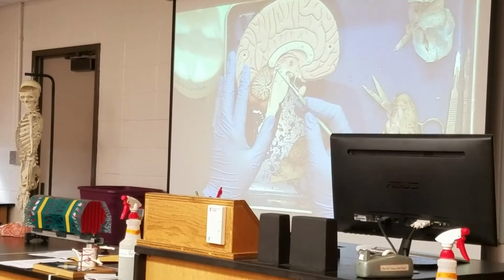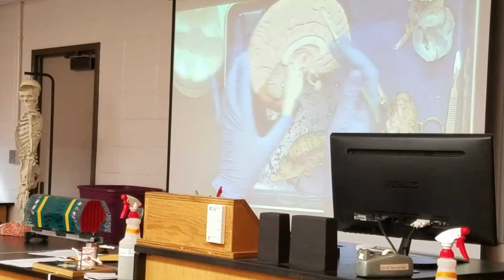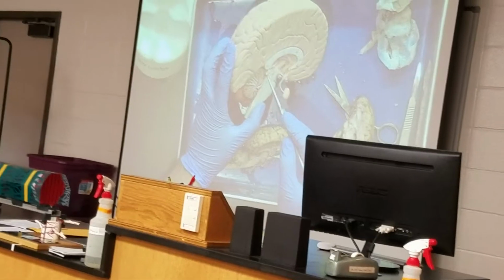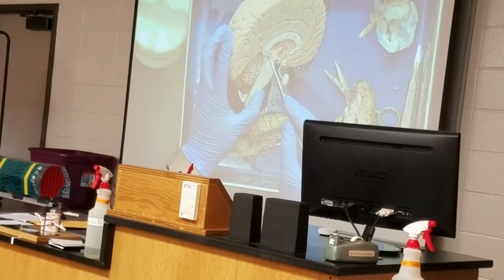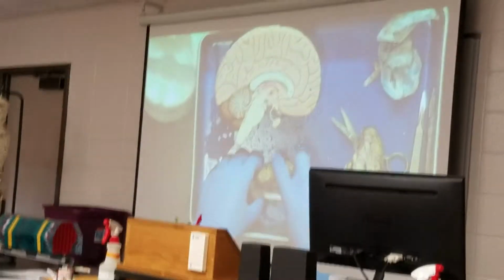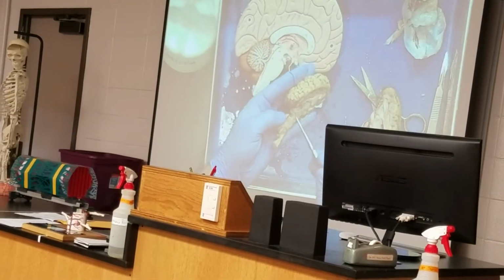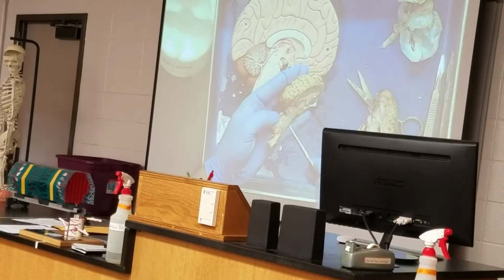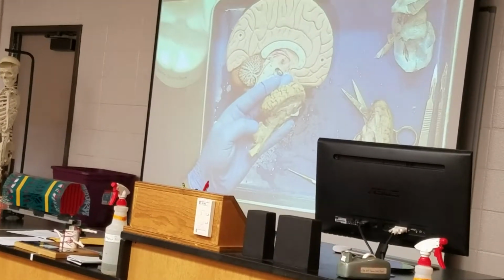If you look at it this way, you'll see two mountains or two hills. This is the superior because it's on top, and this is the inferior because it's on the bottom. And on here, you'll see it as well. Two hills. It's like a little butt.